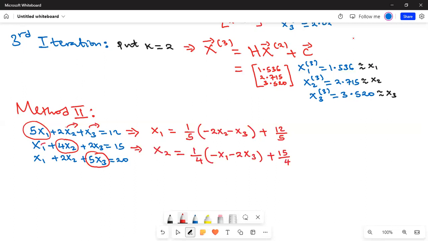That means I've taken x1 to the right and also this to the right. In equation 3, you make x3 the subject, dividing by 5. So x3 is equal to 1 over 5 times negative x1 minus 2x2 plus 20 over 5.